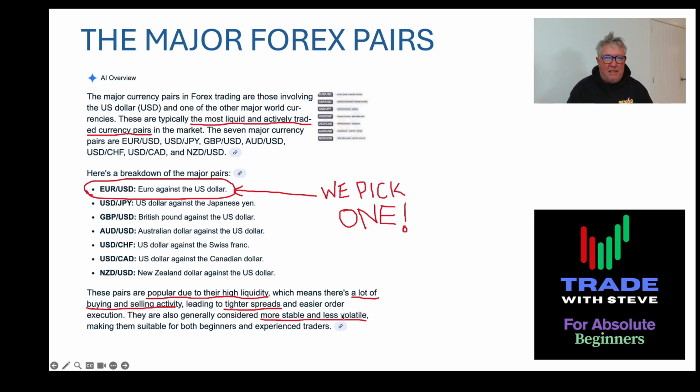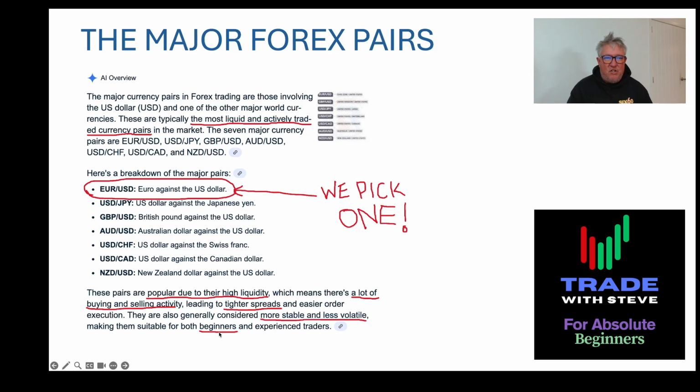If we were trading the Turkish lira versus the Indian rupee, those currency pairs could be very, very volatile. They could jump all over the place, whereas the really big major pairs are a bit more stable, making them suitable for both beginners, that's you and me folks, beginners and experienced traders.